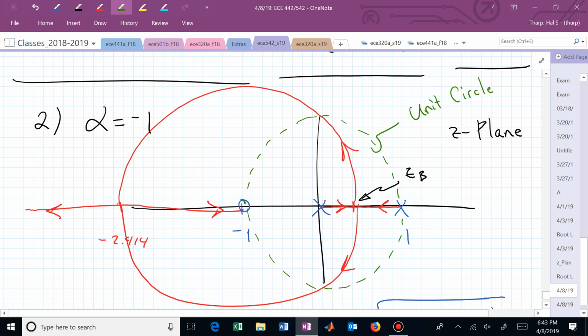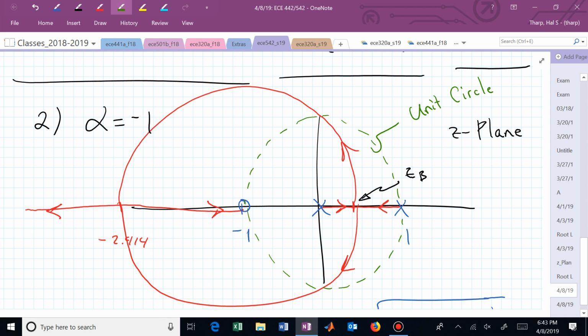And can you now, if you were running out of time like we are now, and I ask you for a range of k for stability, and you picked alpha equal to -1, what would you draw and how would you determine stability? Is there a range of k for stability? We need both branches to simultaneously be inside the unit circle, and that will be giving us closed loop stability.